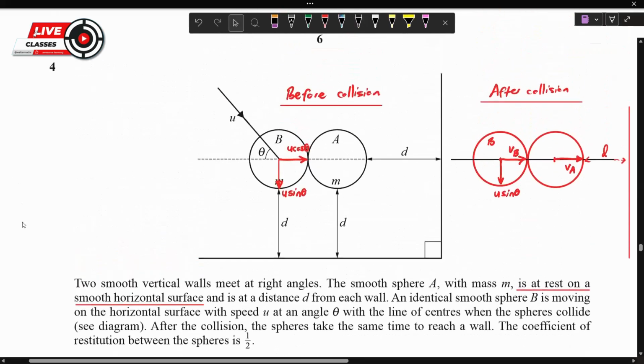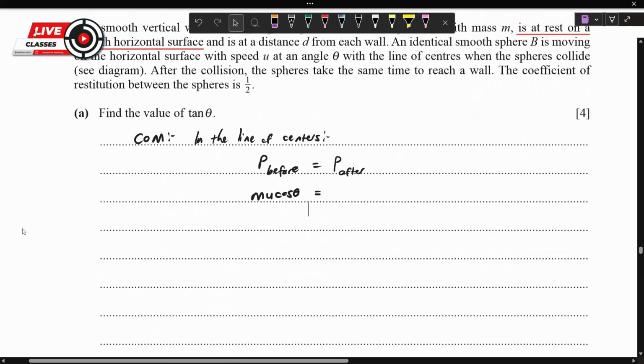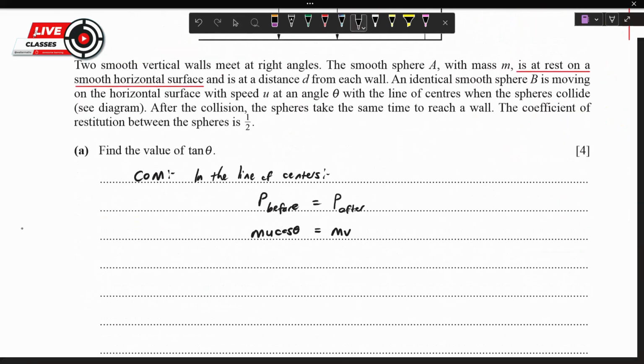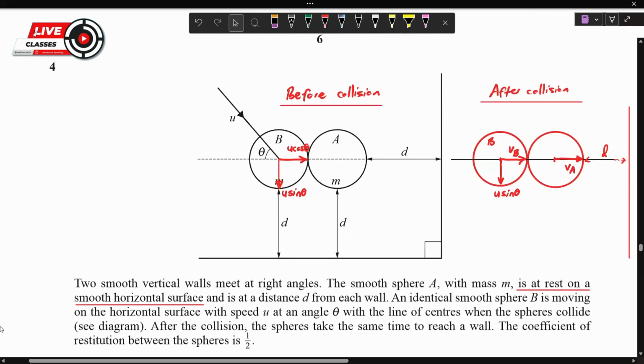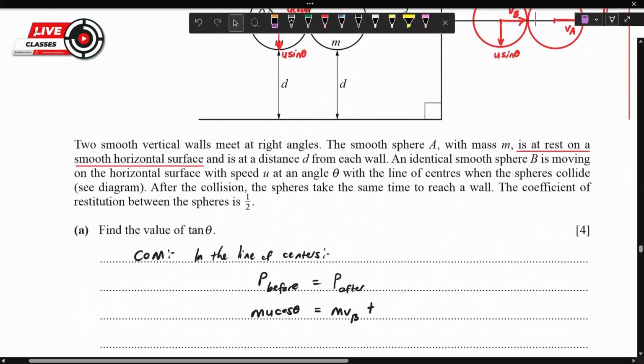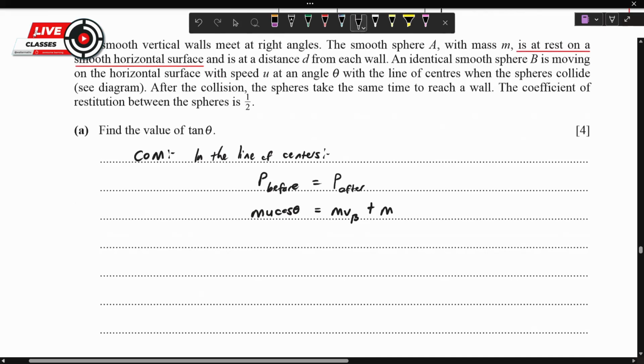The momentum for B will be mass times VB. So we have m VB plus for A, this is particle A, remember, that's going to be m VA. All right.